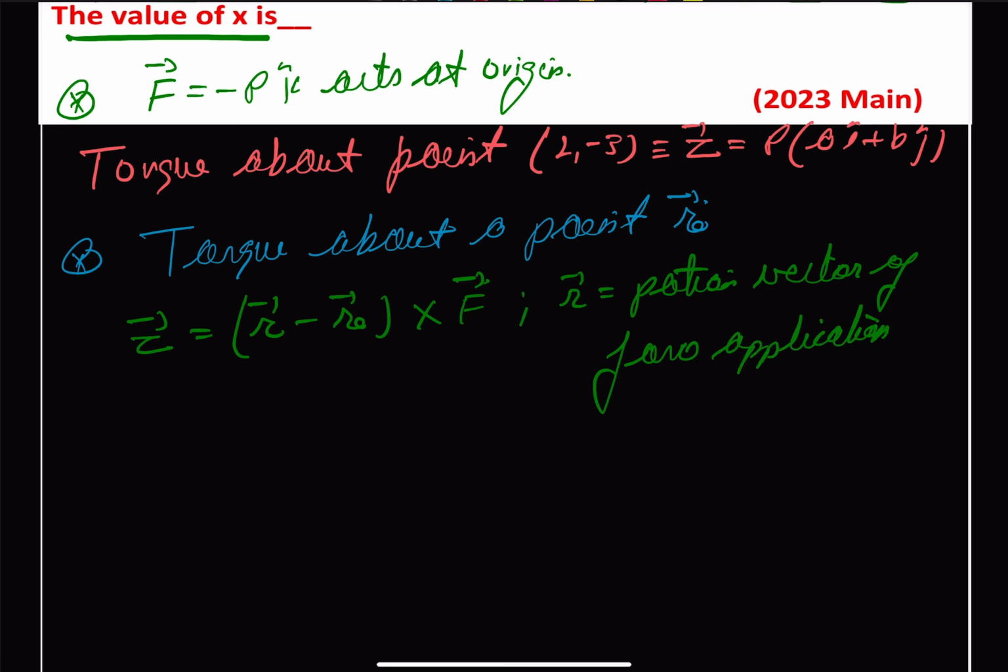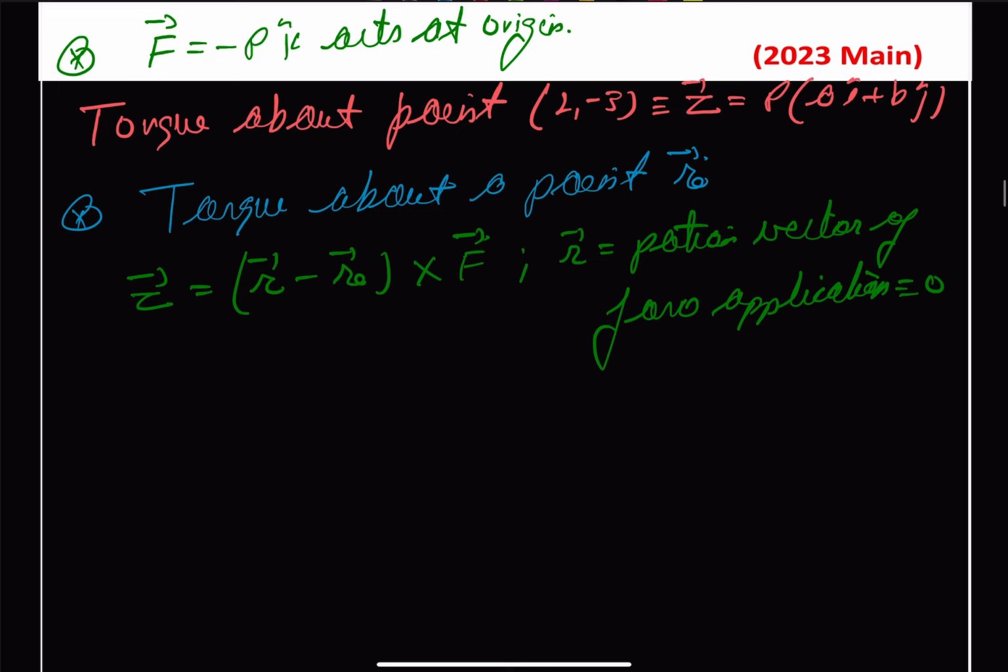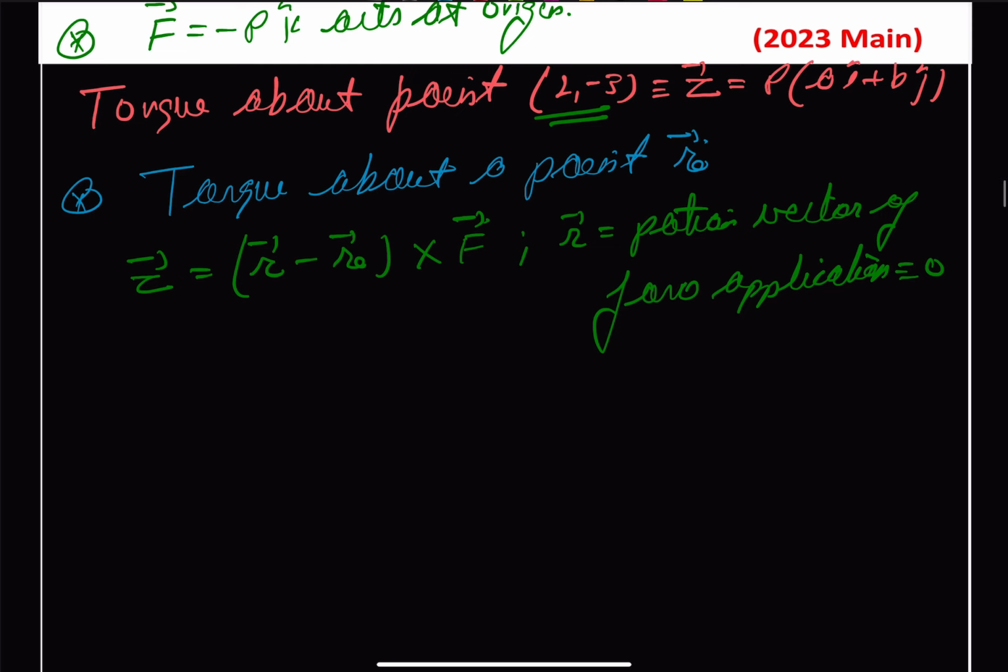It means the point where force is applied, okay, and which is our origin. And R naught is the point about which the torque is to be found out. Therefore we can say that our R naught will be equal to 2i minus 3j.